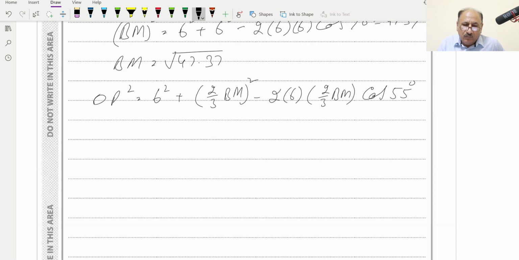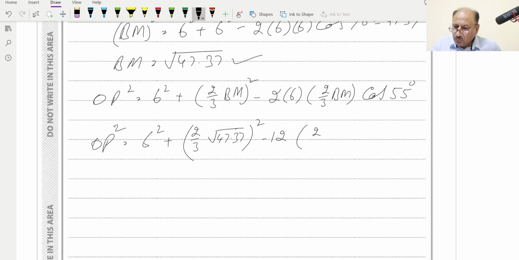And now we can calculate OP. OP square is equal to 6 squared plus 2 over 3 of the BM value which we have just calculated, the square root of 47.37, squared, minus 12 into 2 over 3 of the square root of 47.37 and cos of 55 degrees.